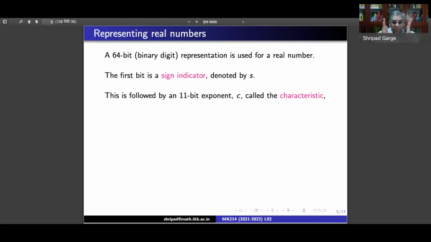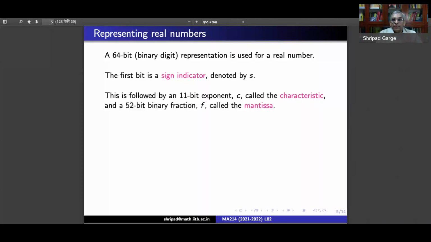Out of them, the next 11 bits after the sign indicator indicate the characteristic. And that characteristic is the exponent of 2. And then you have the remaining 52 bits. That is the fraction that is denoted by small f, and it's called the mantissa.